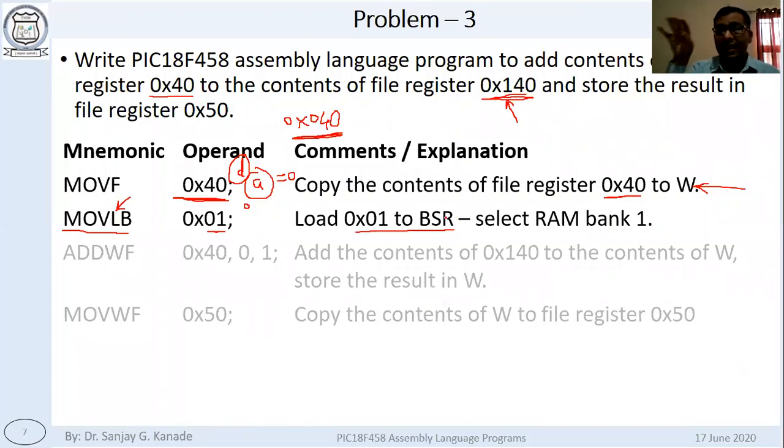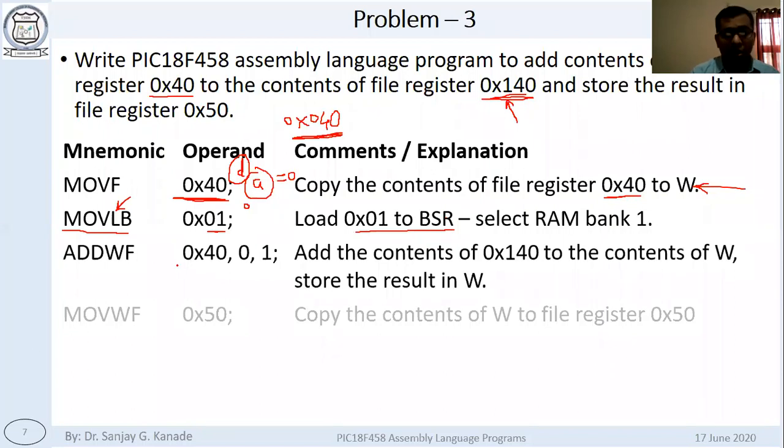To access the actual register content, we must use this kind of format. What we want to do is ADDWF, meaning add the contents of W with the contents of F. W we know already, and what is F in this case? Please take a note: I have not written 140 here, I have written only 40.